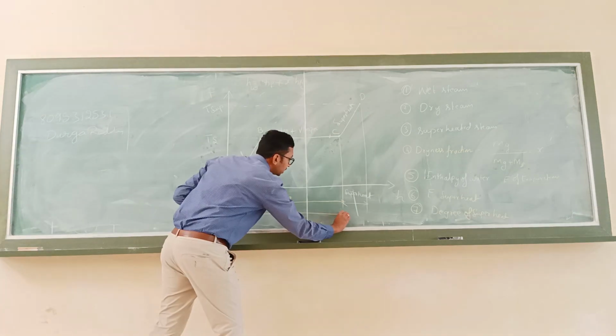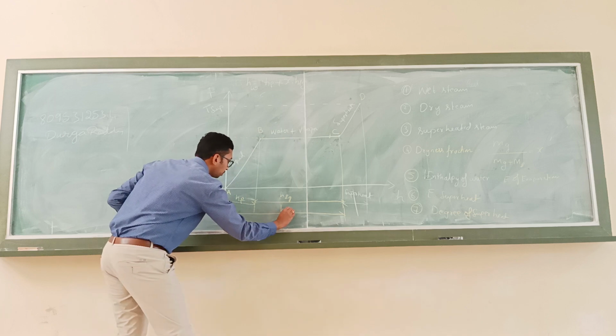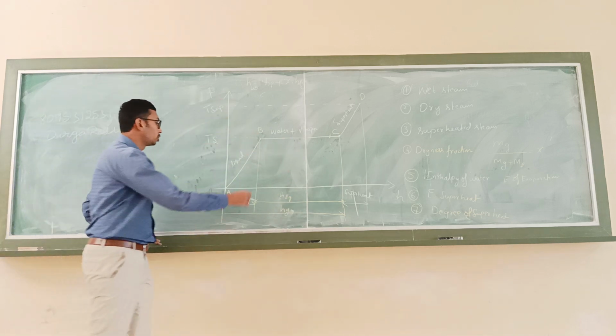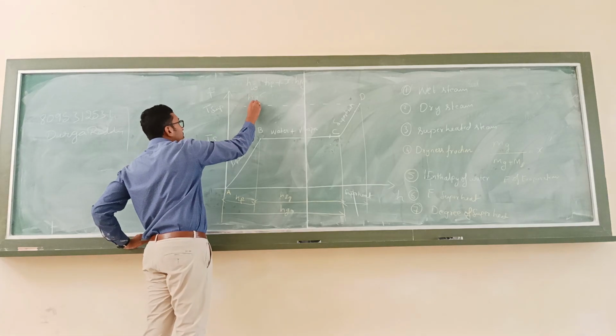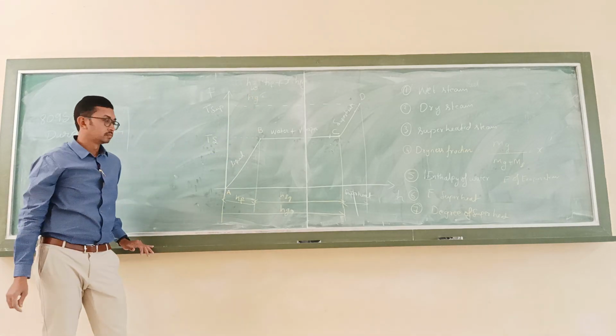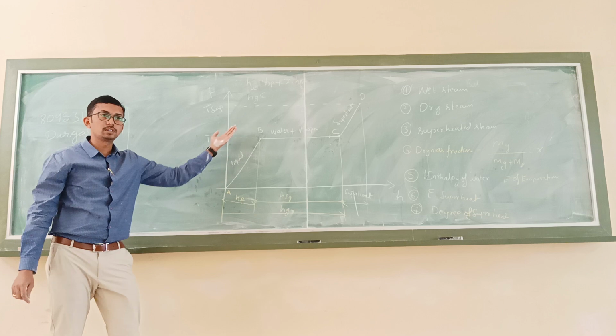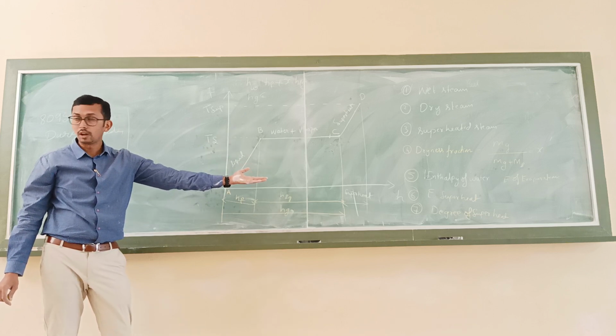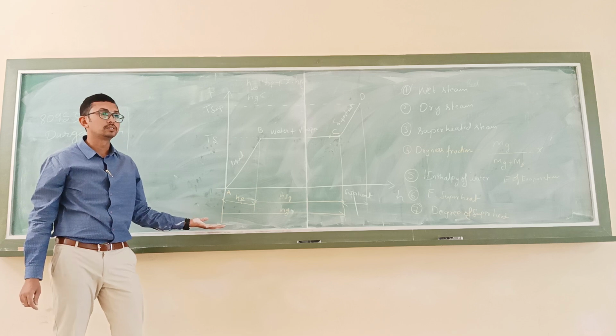Now, there is another definition. Enthalpy of dry saturated steam. That is represented as Hg. Can you tell me the formula of Hg? Just by looking into the temperature enthalpy diagram, you can tell me the formula for Hg. What is that?